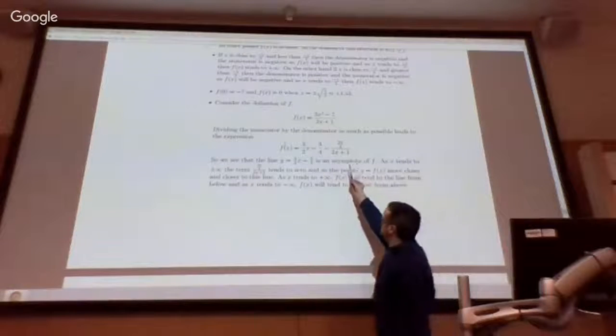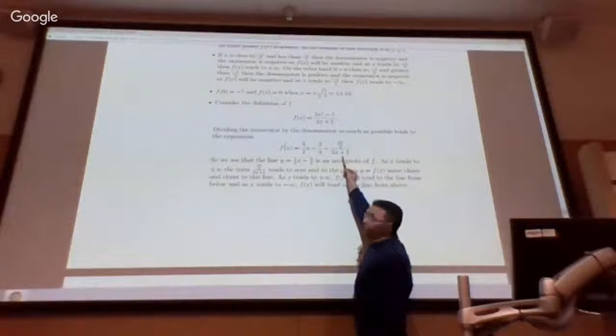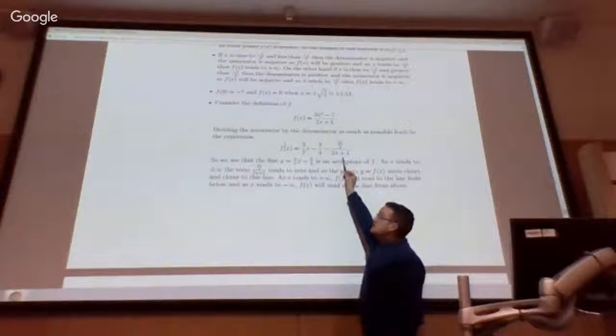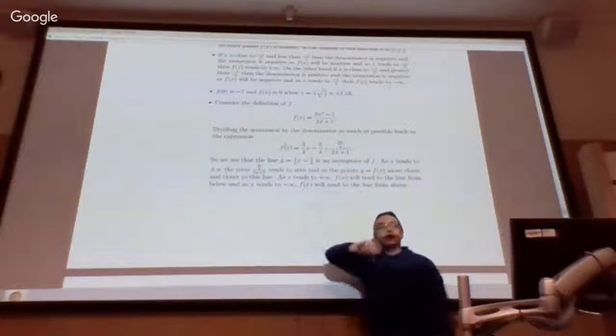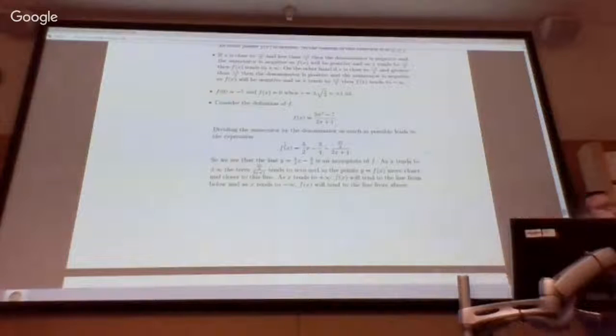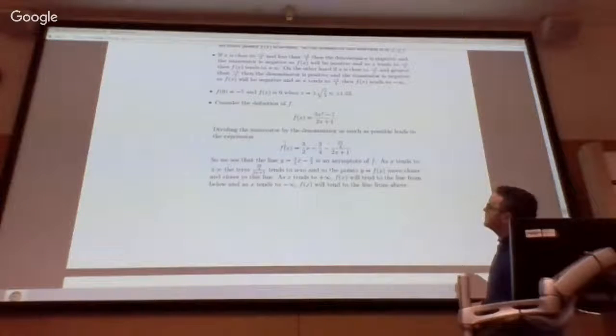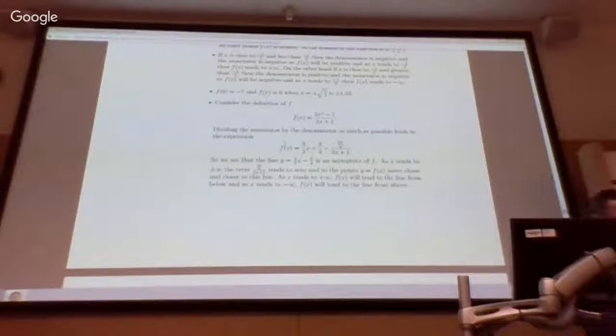So the values f of x will be getting closer and closer to the values of that line. So that's an asymptotic line for the long-term behavior of the function f, both in the negative direction and the positive direction. I just want to quickly demonstrate how we arrive at those 3 over 2 and 3/4.